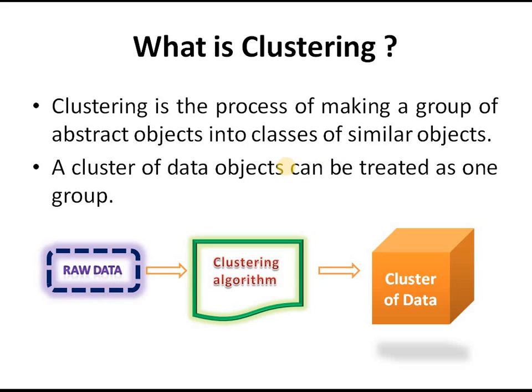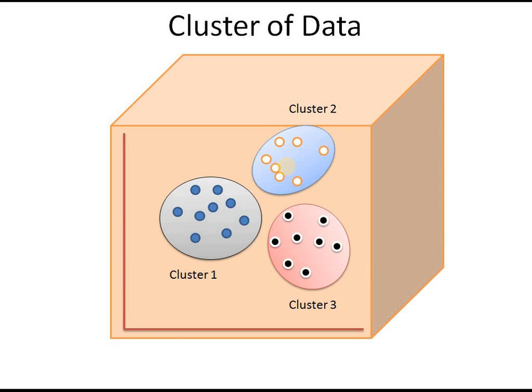The process of grouping a set of physical or abstract objects into classes of similar objects is called clustering. A cluster is a collection of data objects that are similar to one another within the same cluster and are dissimilar to the objects in other clusters.